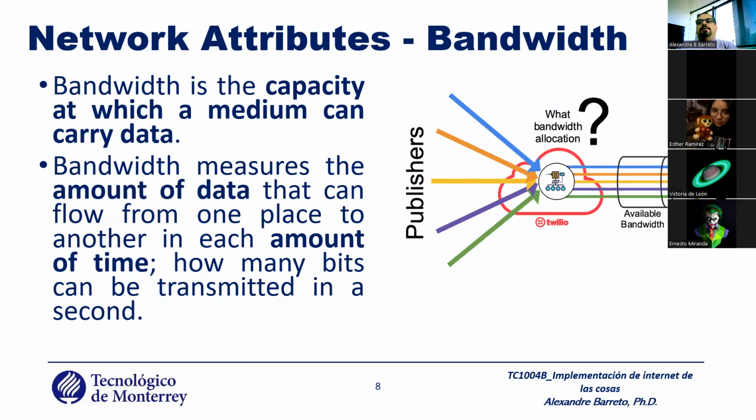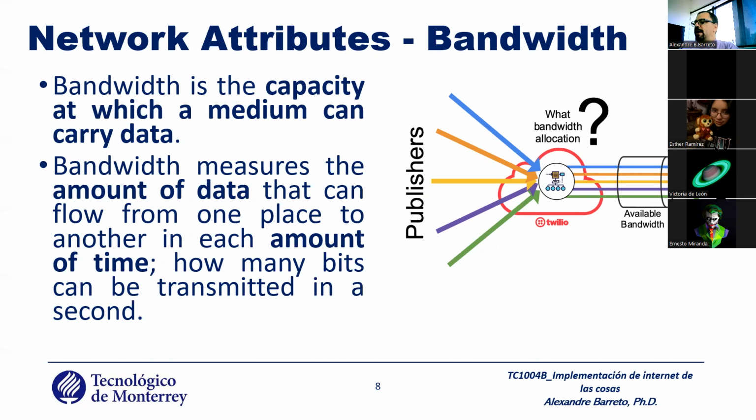When you think about a network, there are a lot of different attributes, but one important for us now is the bandwidth. What is the bandwidth? The bandwidth is the capacity that a medium can carry data. For example, if you use Wi-Fi, you have one capacity.